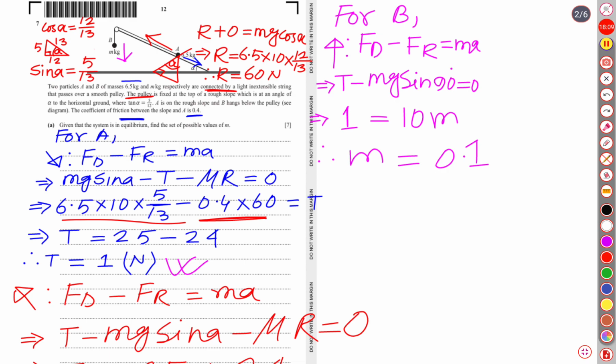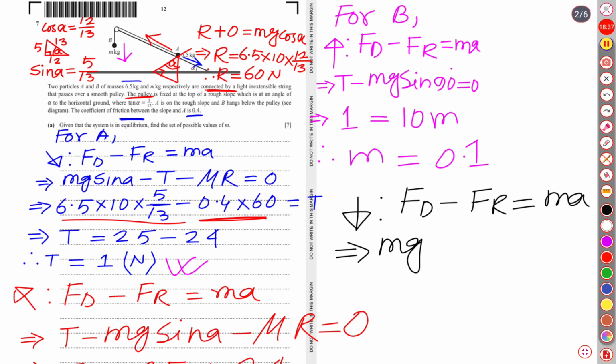Then for another possibility, if particle A moves up, then B will move down. So for B, same concept: driving force minus resistance to motion is equal to mass into acceleration. When particle B moves down, driving force is nothing but weight, which is mg sine 90 degree.